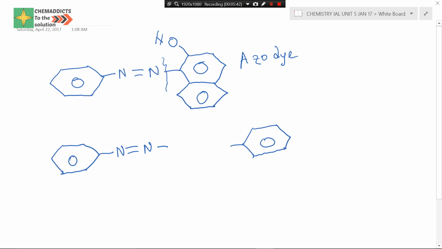One part we have got the benzene diazonium ion and another part is the phenol part. It has one hydroxyl group. This is obviously the part of the benzene diazonium ion.